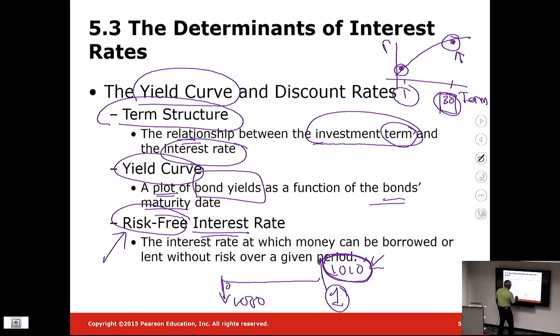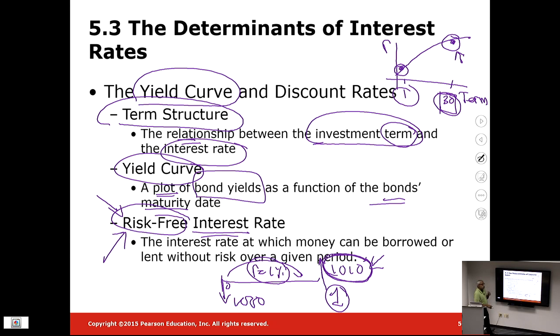Thus, the interest rate over this period, which is going to be 1%, is guaranteed. The nominal interest rate is guaranteed. In that sense, this nominal interest rate is risk-free. It is free of any risk.